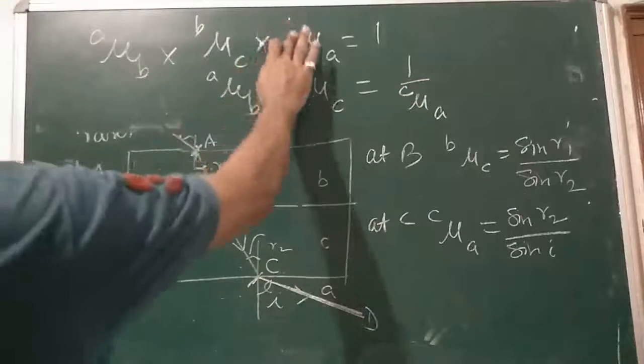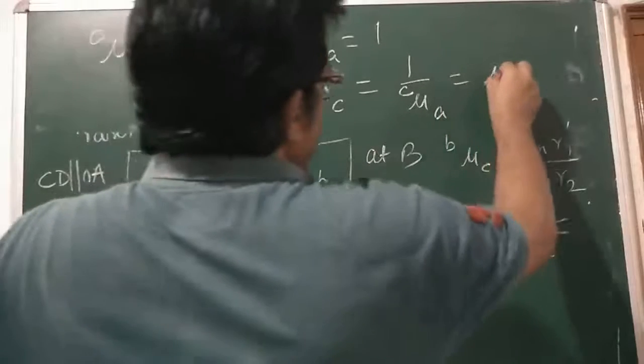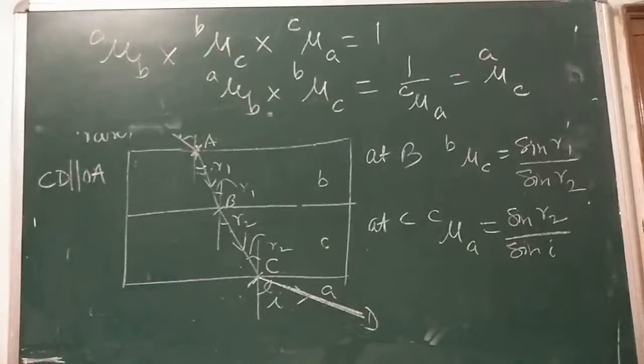Here it is C, that is refractive index of CA, I can write inverse of it. So this is the reflection of light in a compound plate.